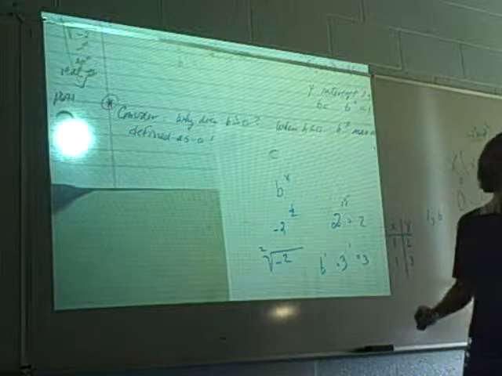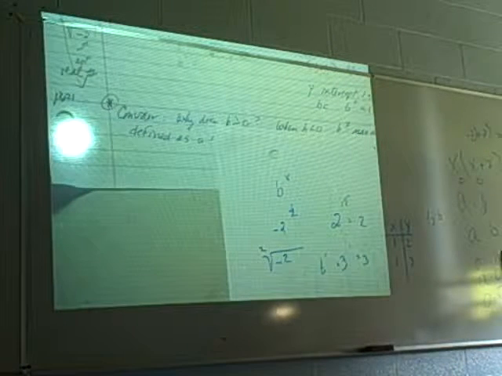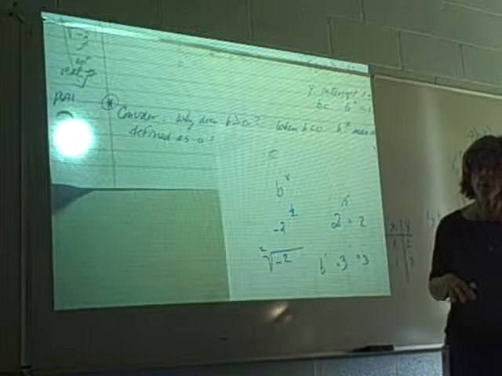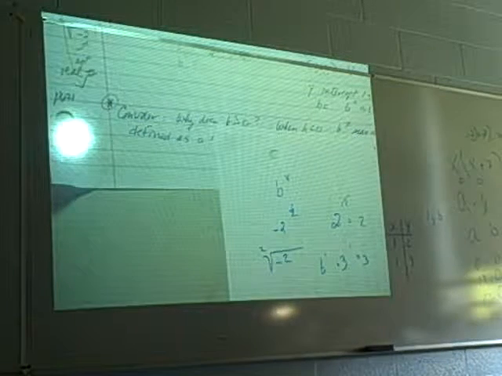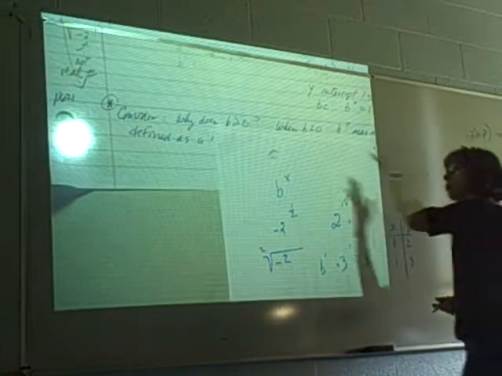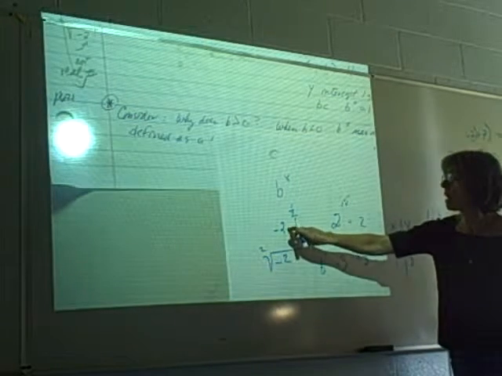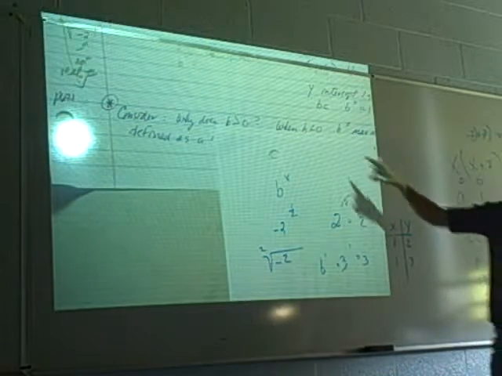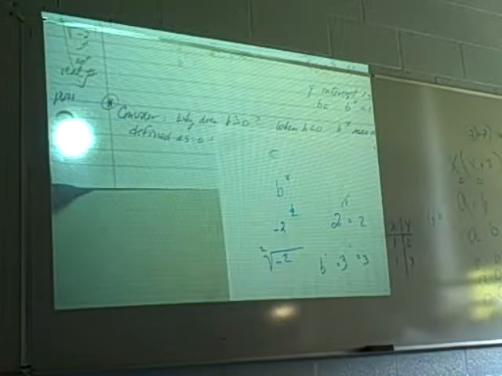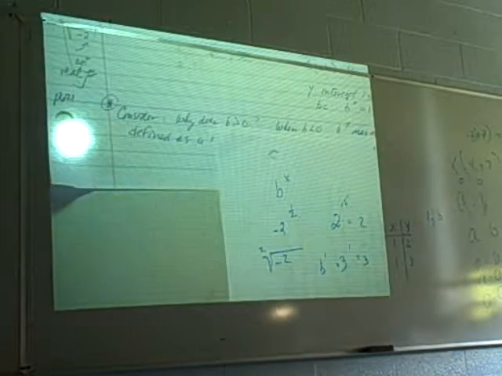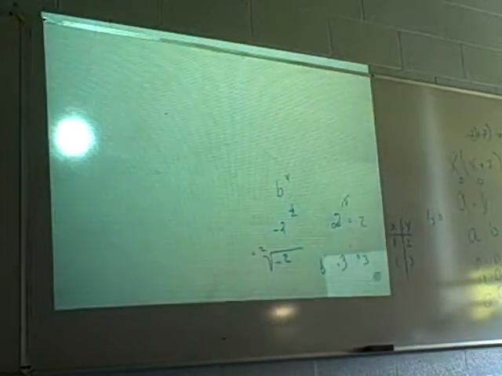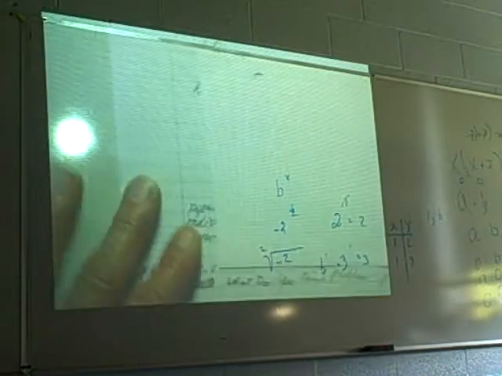Is this a real number? No. By definition, what did we say we had to have? A real number. So that's why b has to be greater than 0, because when it's less than that, we would end up with an imaginary number. Okay.